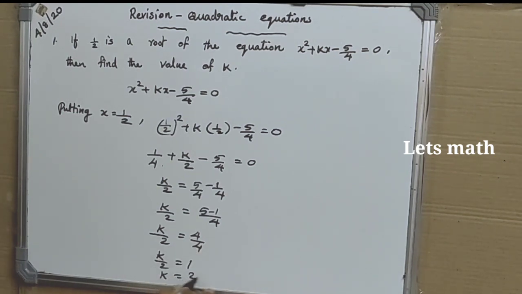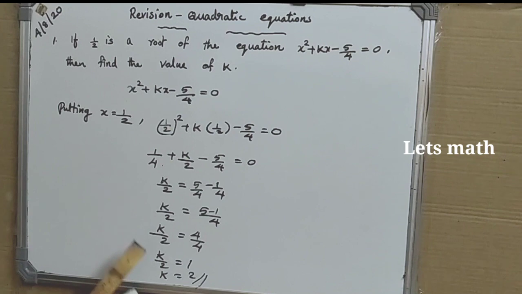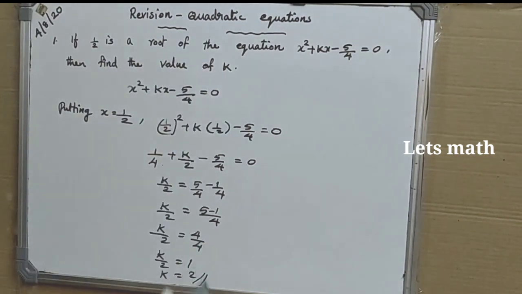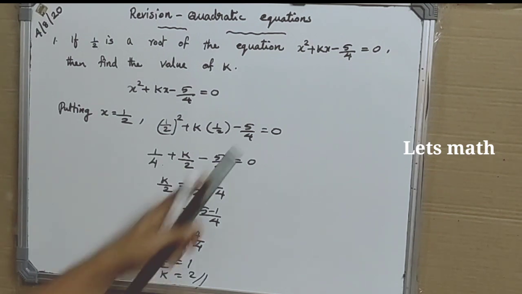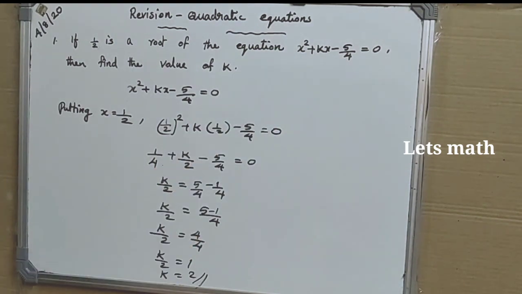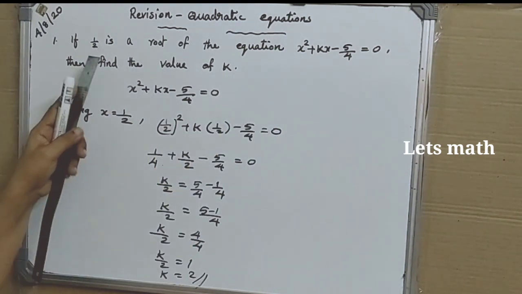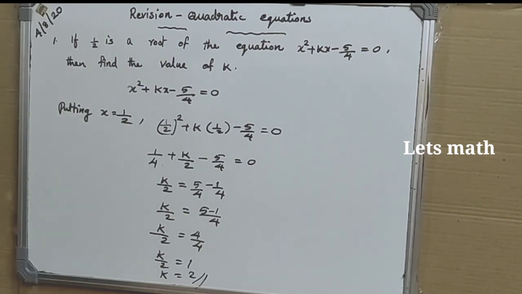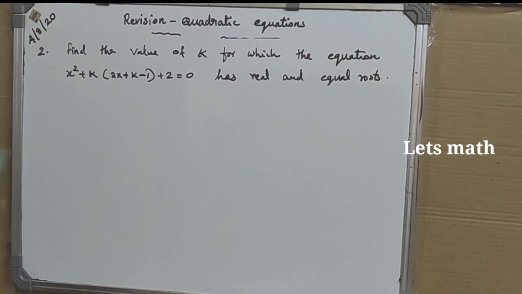So k equal to 2. The value of k equal to 2. That is, if we replace k by 2, we get a quadratic equation, and if you solve that, 1 by 2 will be a root of the equation. Now you have the second equation.